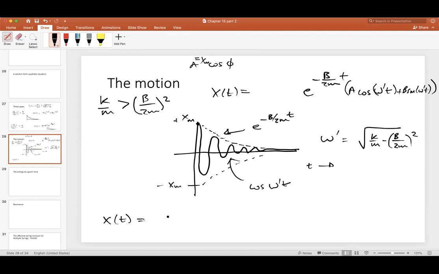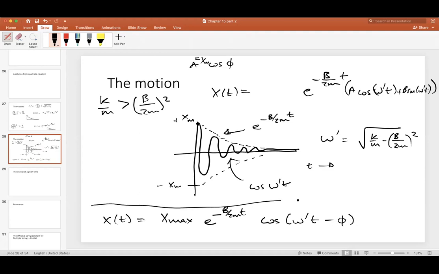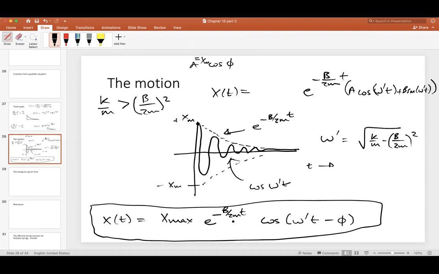So this becomes x max times e to the minus beta over 2m times t times cosine of omega prime t minus phi. So it's exactly like the function that we had before, but it's being multiplied by this weird exponential decay term. And that's because as it moves back and forth, it loses energy.